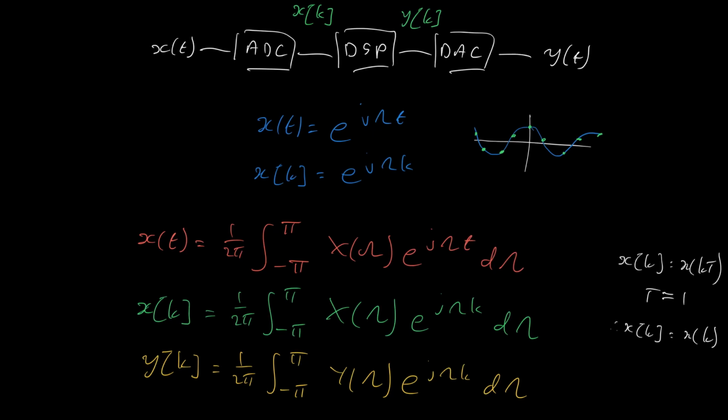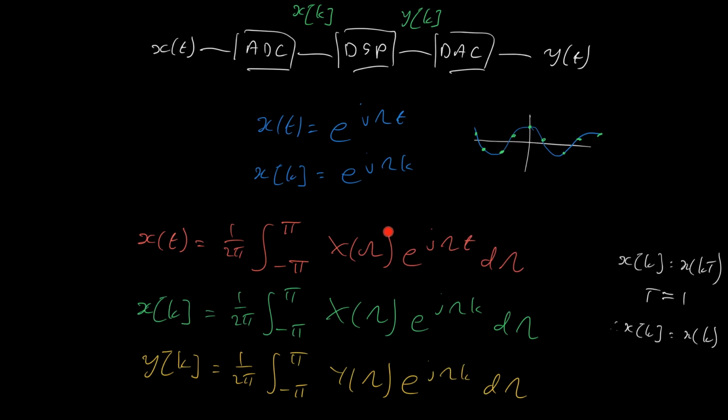We have come a long way towards answering our two fundamental questions. Fundamental question 1 was, what does this whole chain do to the signal x of t? And question number 2 is, if I wanted to filter x of t in some particular way, how do I design my DSP block here to achieve that?